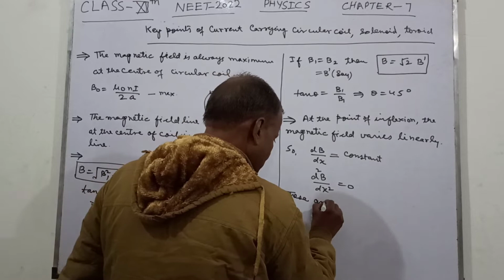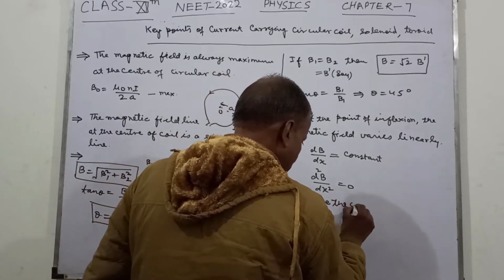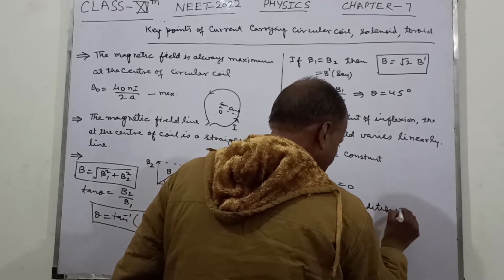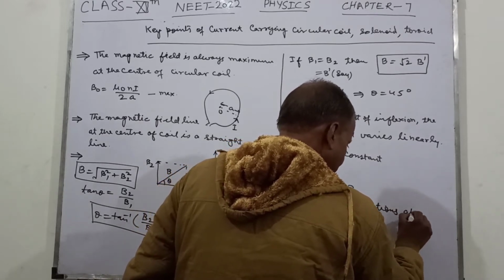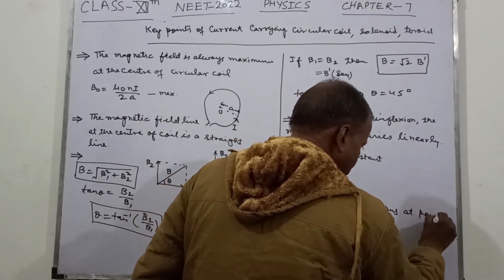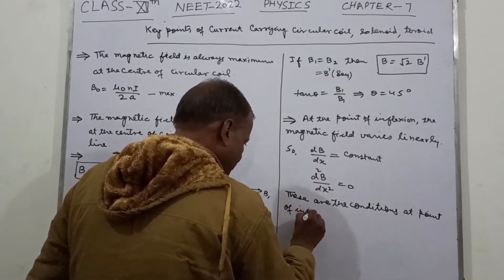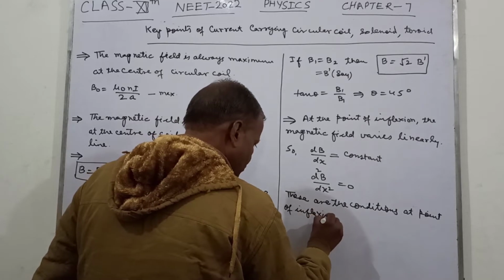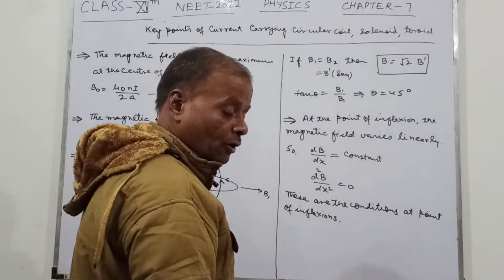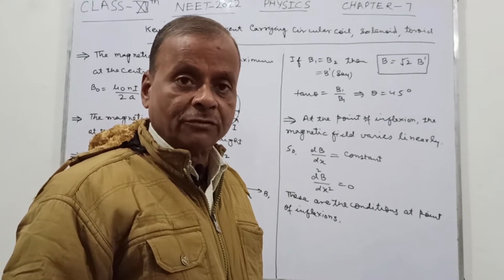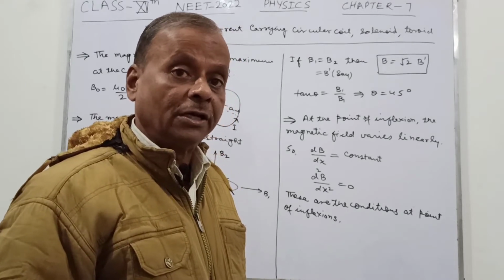These are the conditions at the point of inflection. And always remember that the distance between the points of inflection is equal to the radius of the coil.